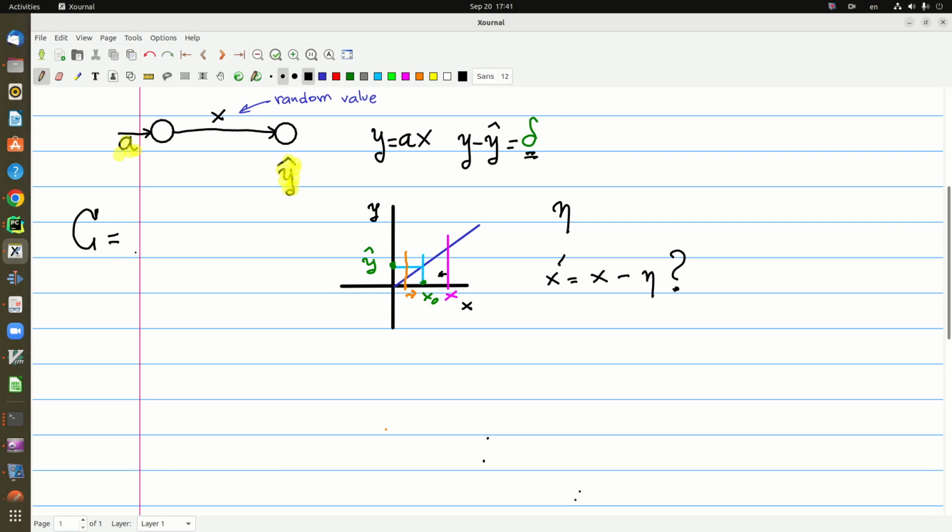And the cost, we can define it by this formula here. This is a completely arbitrary choice. But, as we can see, it expresses the error in our calculation.